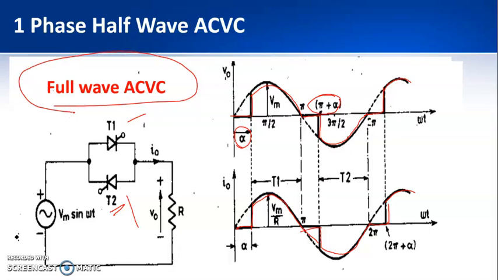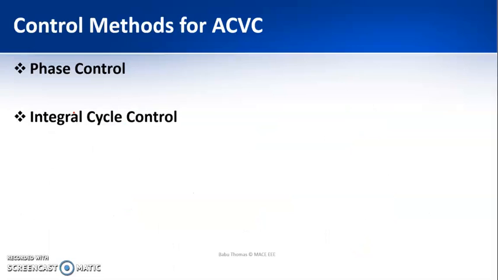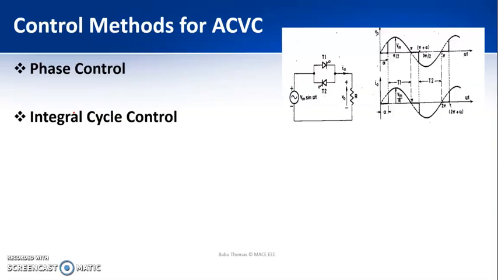Now we will discuss the basic control methods used in an AC voltage controller. The first one is phase control and the second one is integral cycle control. Phase control is what we have already discussed. You are controlling the output voltage by controlling the phase angle at which you fire your thyristor, here and also here.